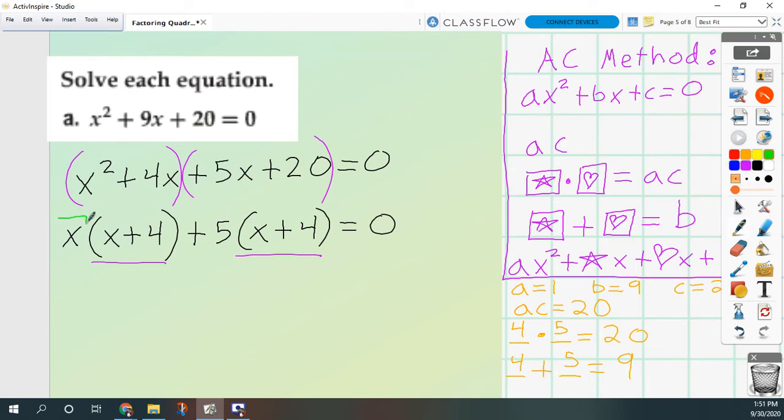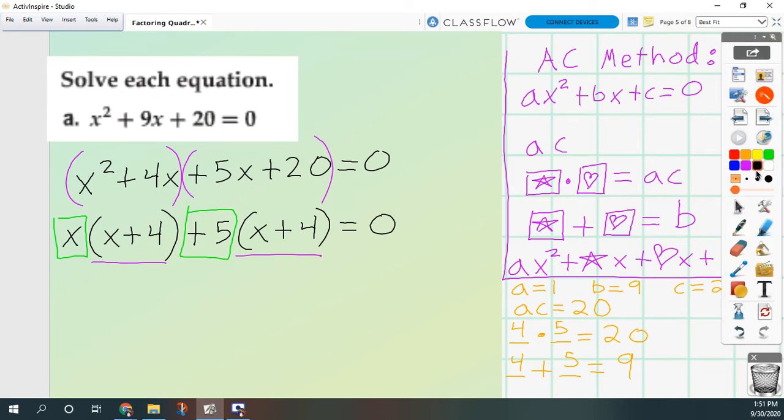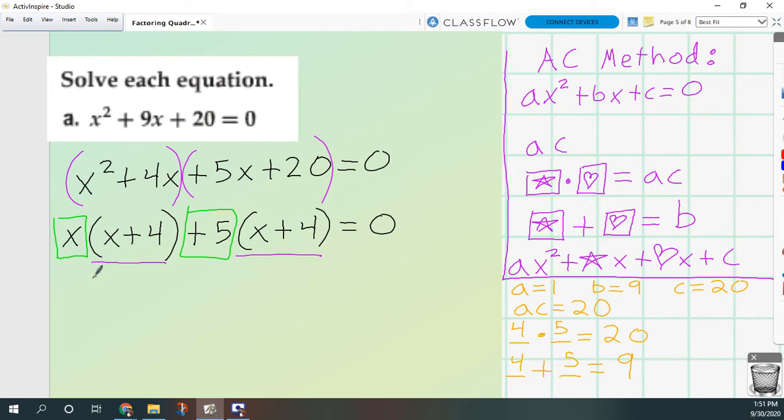And then we also need to note what we had to pull out, because those are going to end up being my two factors. So I'm going to pull out the x plus 4, so I have an x plus 4 by itself. Then my other factor is whatever we had to pull out, which was our x plus 5.